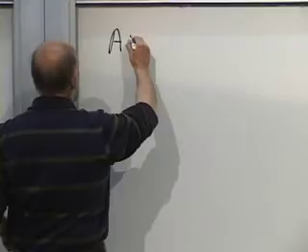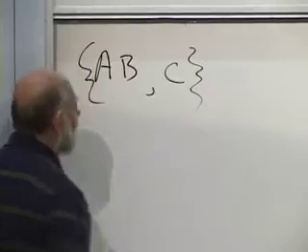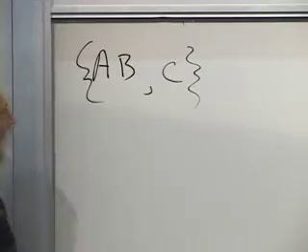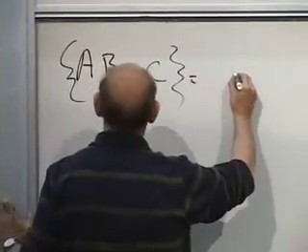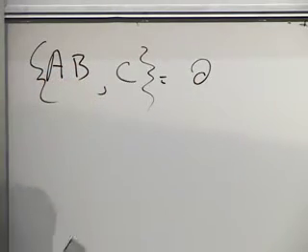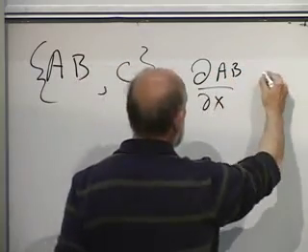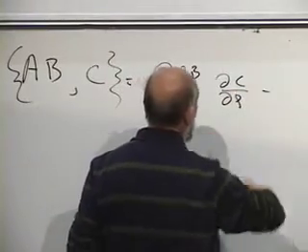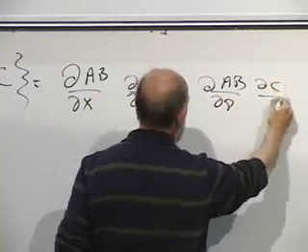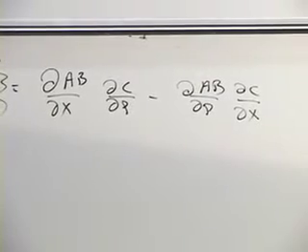Supposing you have a product, AB, and you want to take its Poisson bracket with a third thing, C. You can build up a lot of stuff by starting with some simple things and constructing products. Let's work out what that is. That's dAB by dx, dC by dp, minus dAB by dp, dC by dx. But now let's work out the derivative of AB.